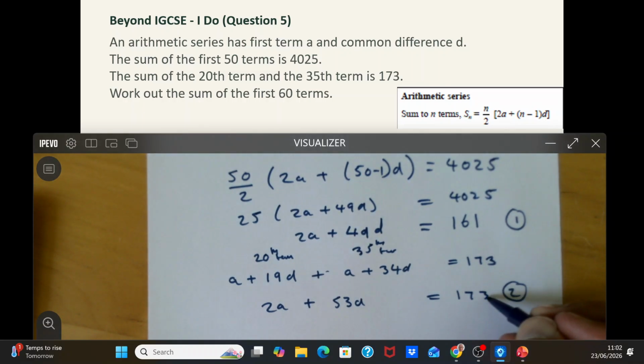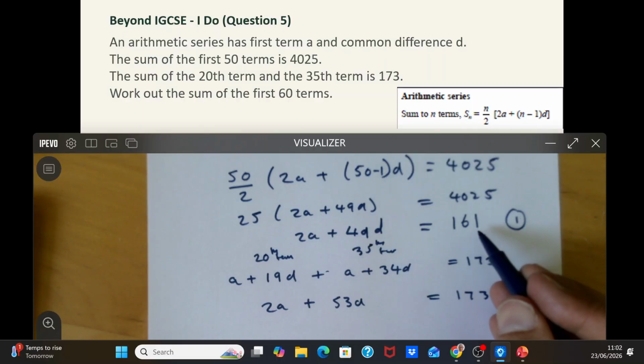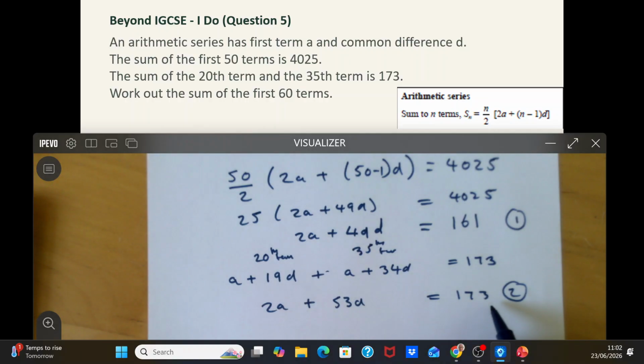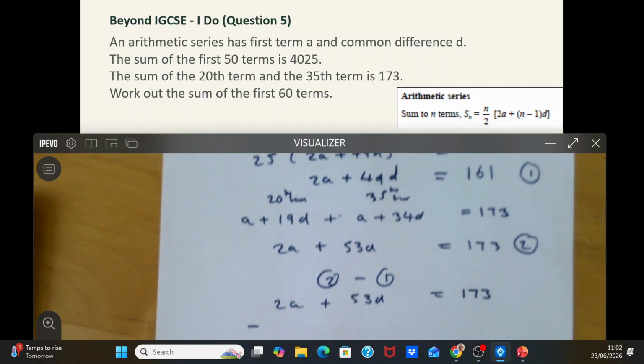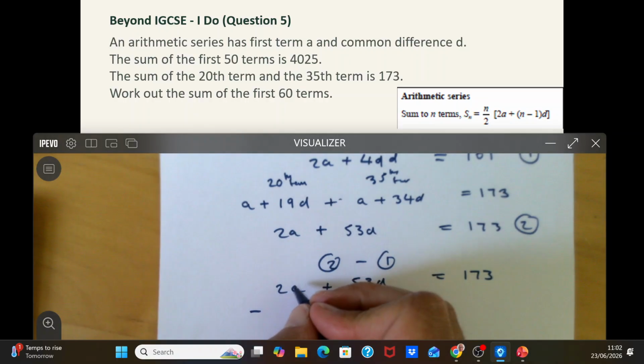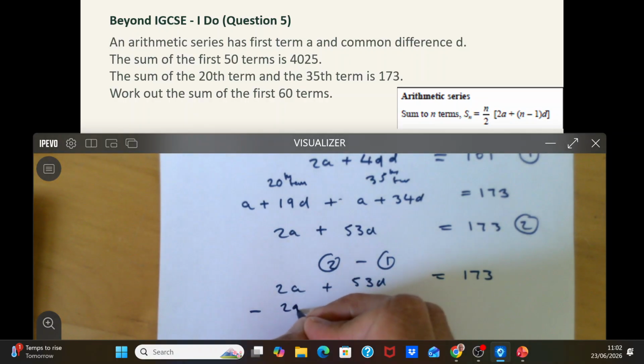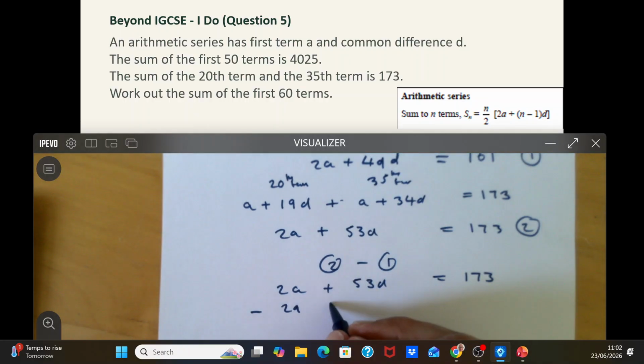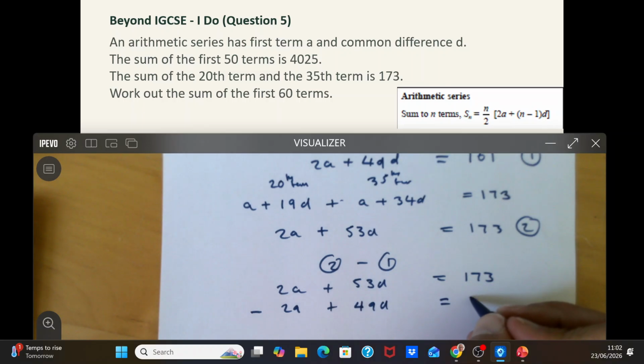Because this is 173 and that's 161, I'm going to do this one take that one. So I'm going to do 2 take 1. Down, 2a plus 53d equals 173. Take away 2a plus 49d equals 161.